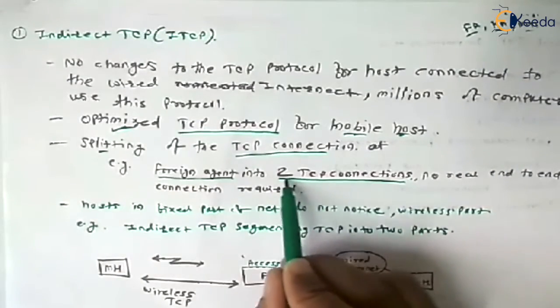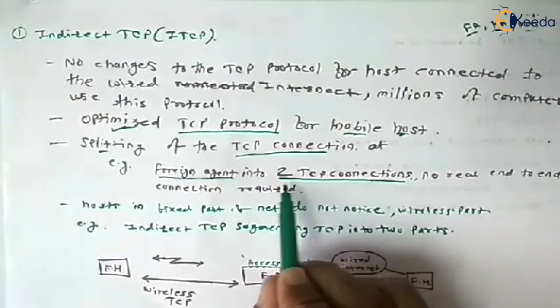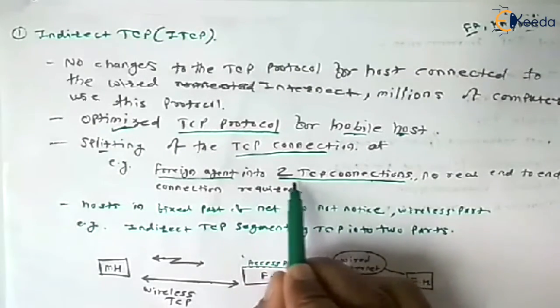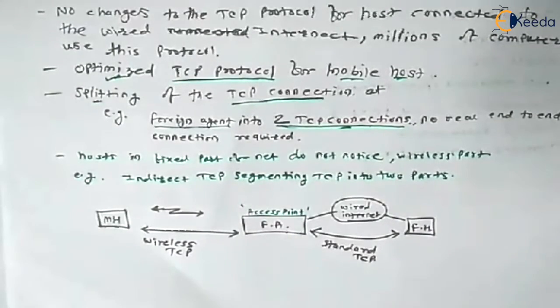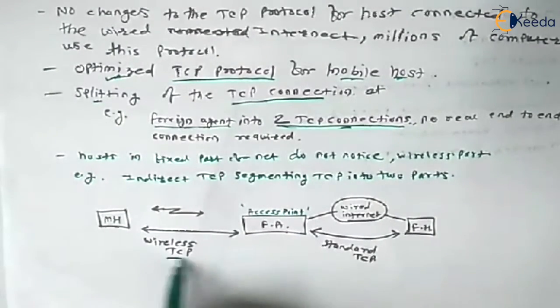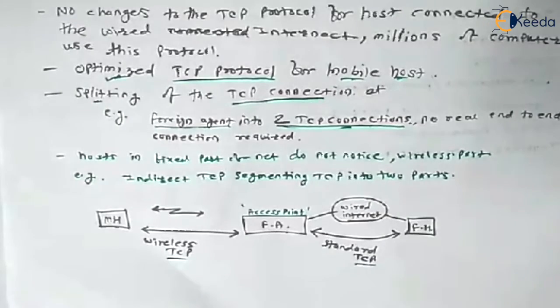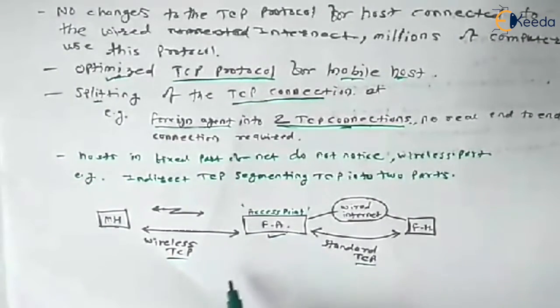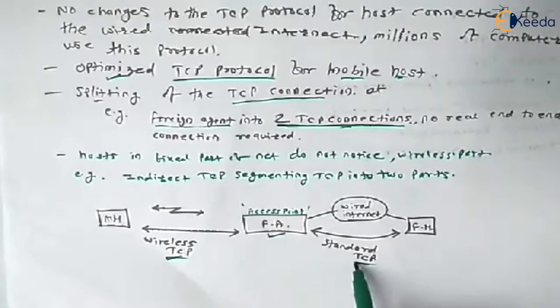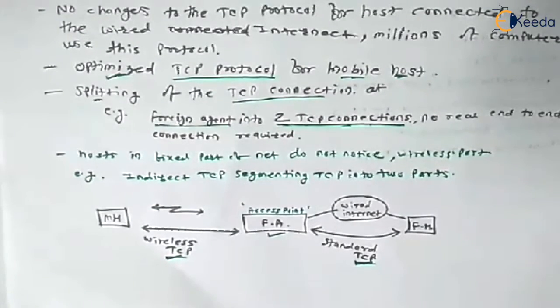Now come to our point. The foreign agent uses two TCP connections, or the foreign agent splits the TCP into two TCP connections. In the diagram we can see two different types of TCP being used here. The foreign agent is using wireless TCP and standard classical TCP also.